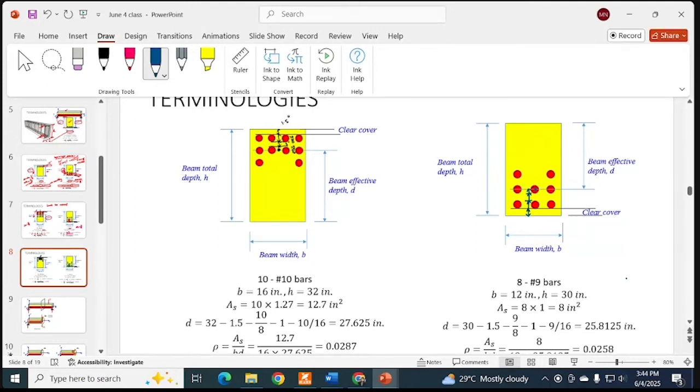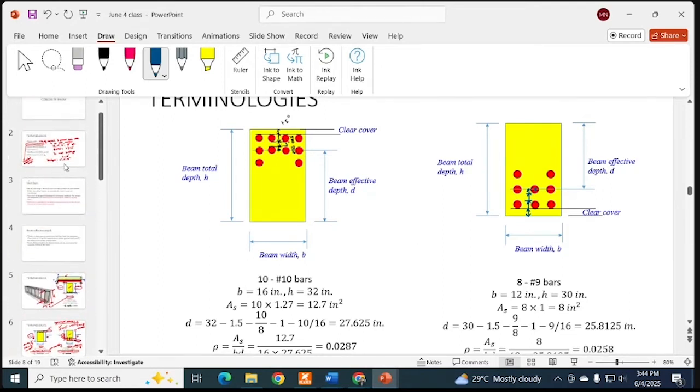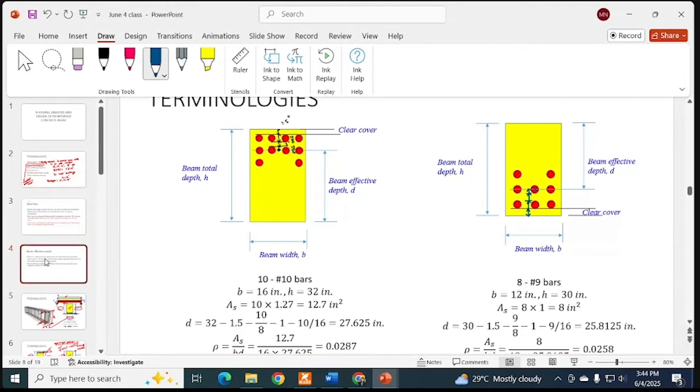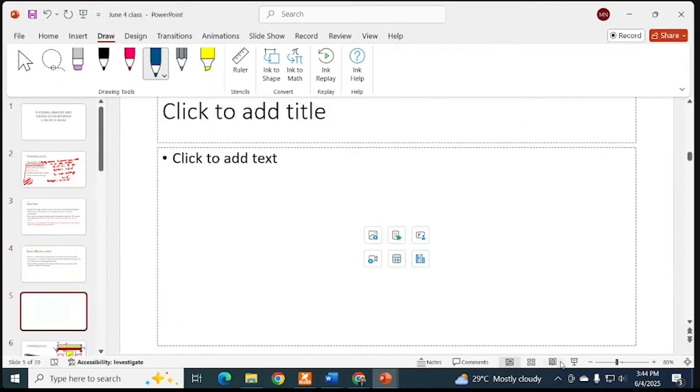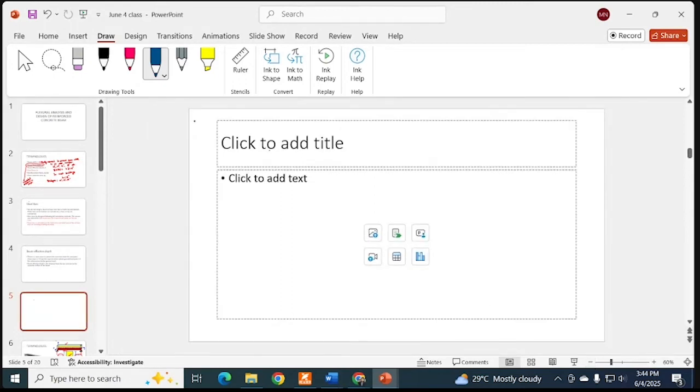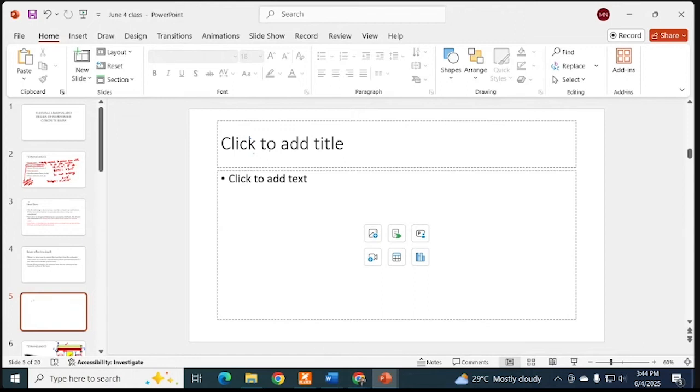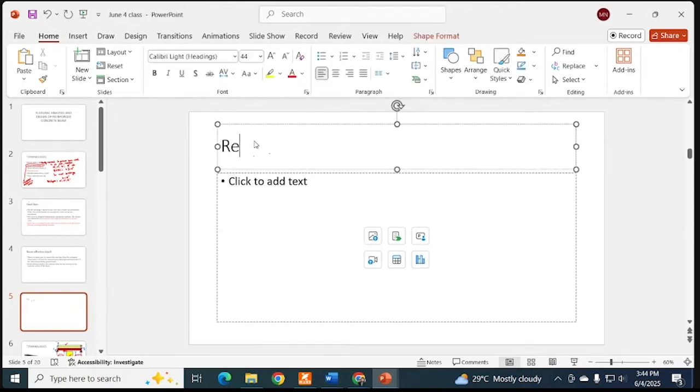So, okay, we are done with the effective depth. Our next concept is the reinforcement ratio. We denote it by the Greek letter rho.